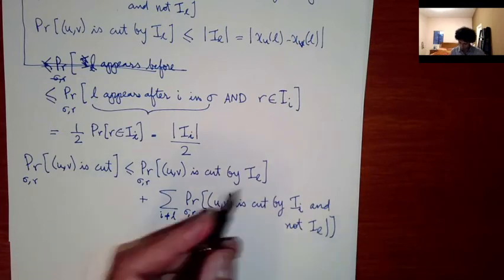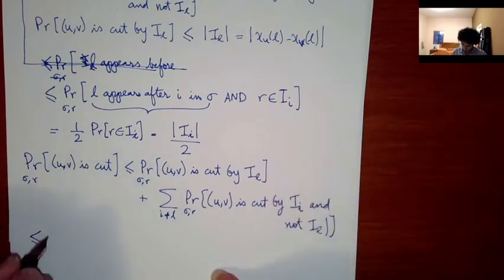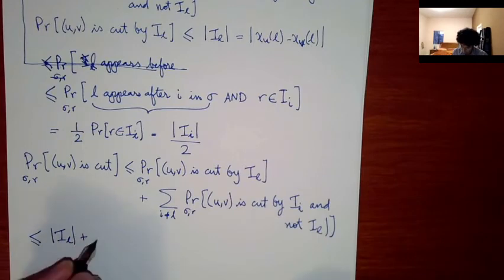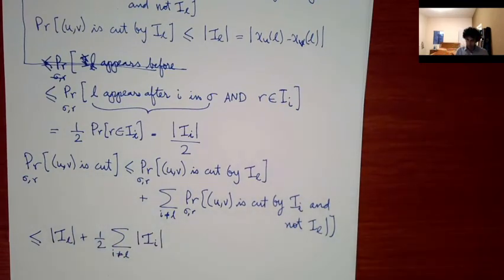Okay, so how am I going to do this? I'm actually going to do a fairly weak bound. The first probability was just the length of I_L, plus the second probability was a summation over i not equal to L of this interval I_i.